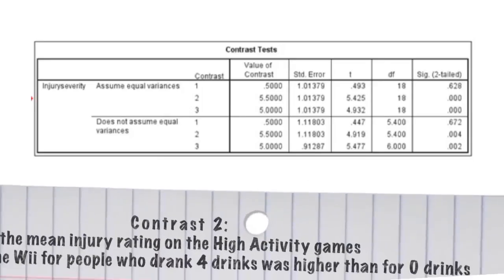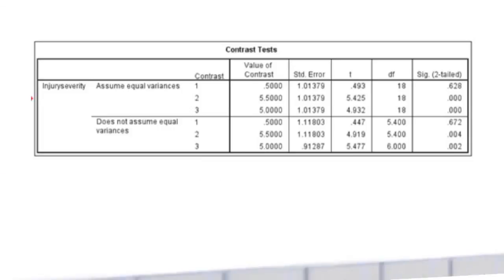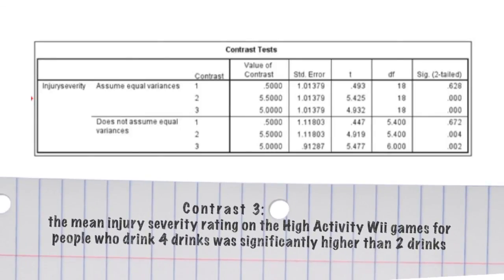From contrast 2, I conclude that the mean injury rate on high activity games on the Wii for people who drink 4 drinks is significantly higher than for those who drink 0 drinks. And from contrast 3, we conclude that the mean injury severity rating for the high activity Wii game for people who drink 4 drinks is significantly higher than those who drink 2 drinks.